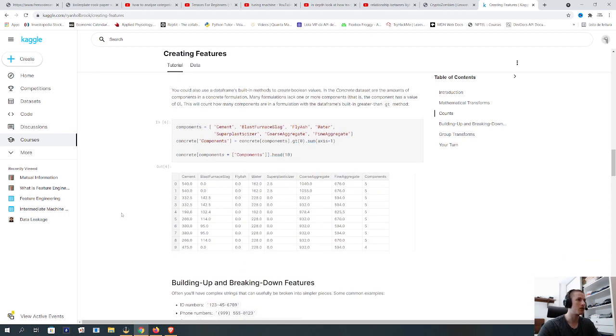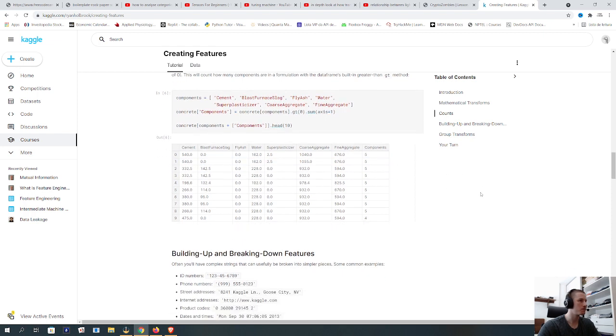Any formulation has one or more components, that is, a component does not have a value of 0. This will count how many components are in a formulation with the data frame's built-in greater than, GT, method. Concrete components GT 0. So here it is showing greater than 0.